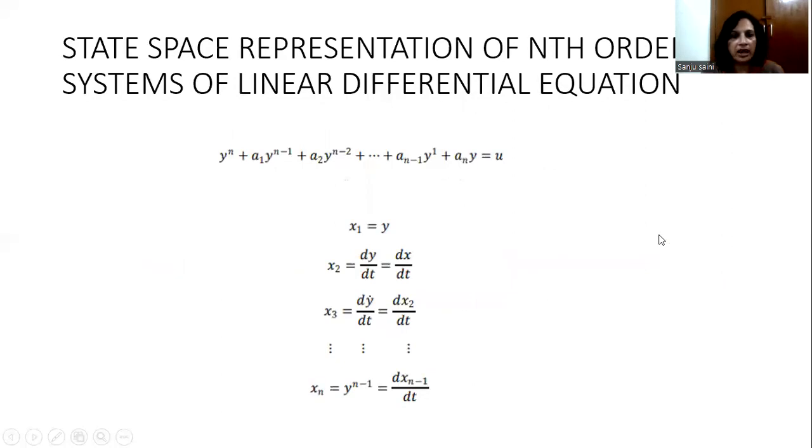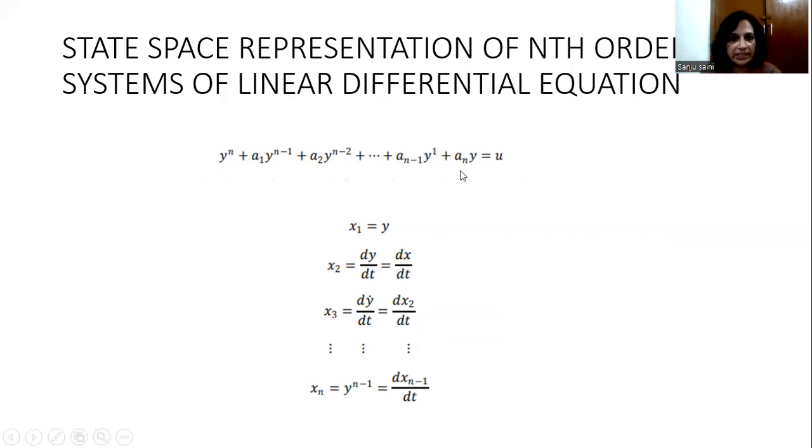Because we have already said that we are having a system, the simplest mathematical model that we can get is with the help of a differential equation. Here we represent this particular system with this difference equation.